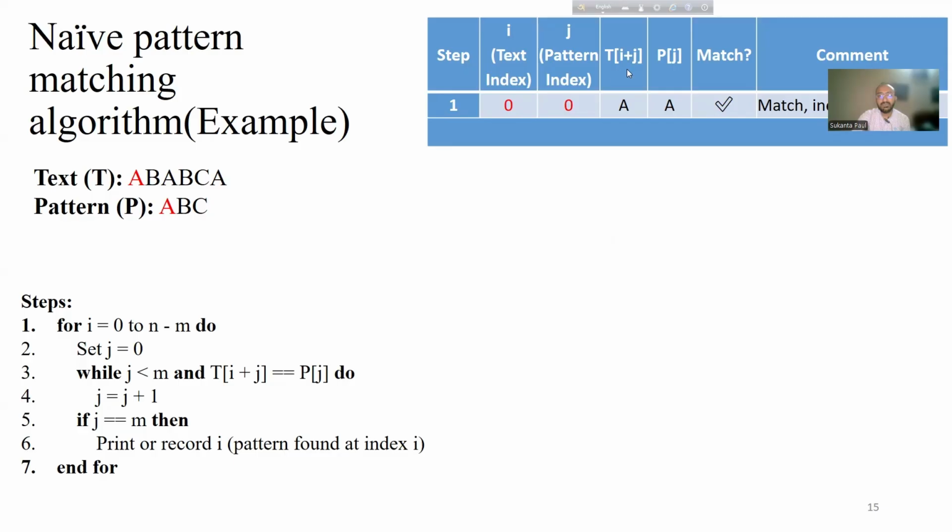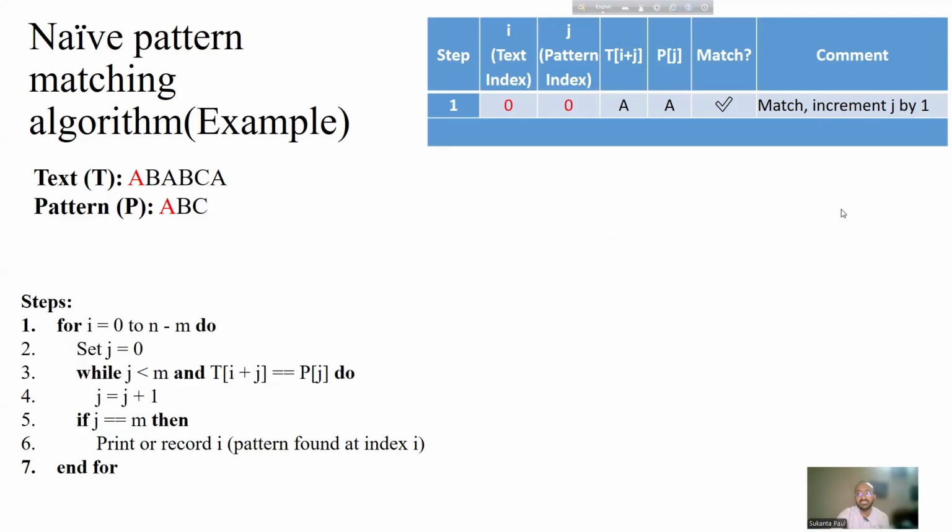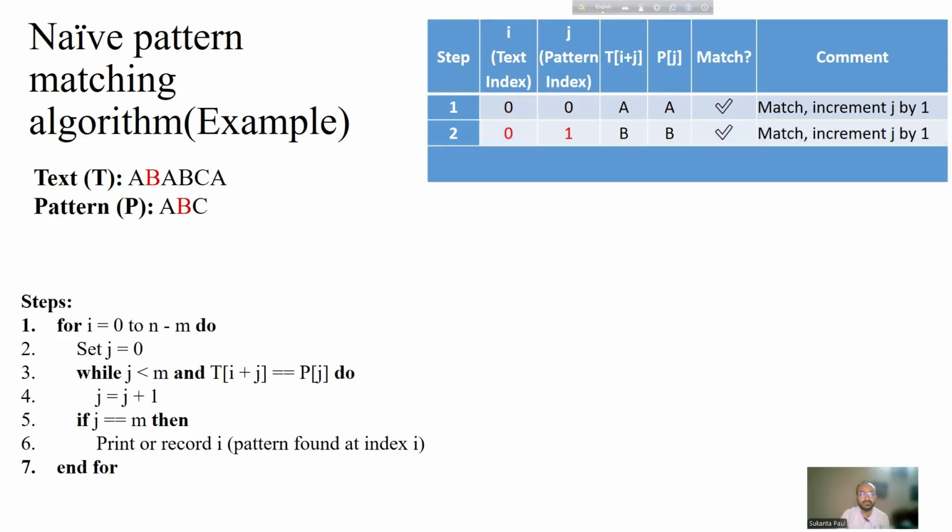So we see that for t[i plus j] and p[j], there is a match. If there is a match, then increment j by 1. Now there is also a match between t[i plus j] and p[j]. If there is a match, then increment j by 1.